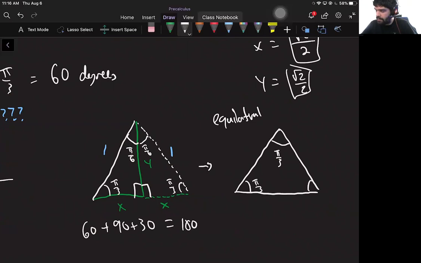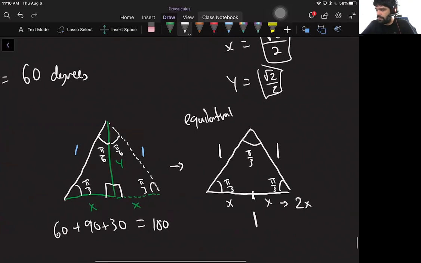So they all have the same angle. That means it's equilateral. Well, since I know this is 1, I also know this is 1. And I also know this is 1. But I also know that this is x and x, AKA 2x. So what I know now is that 2x equals 1.